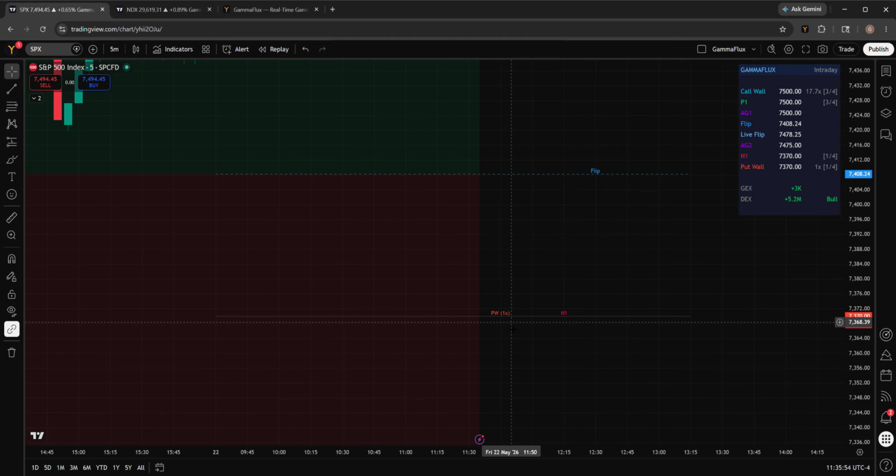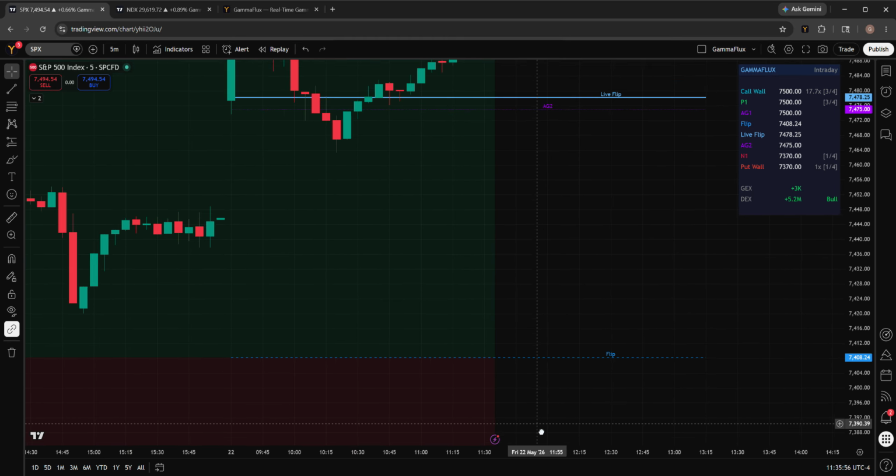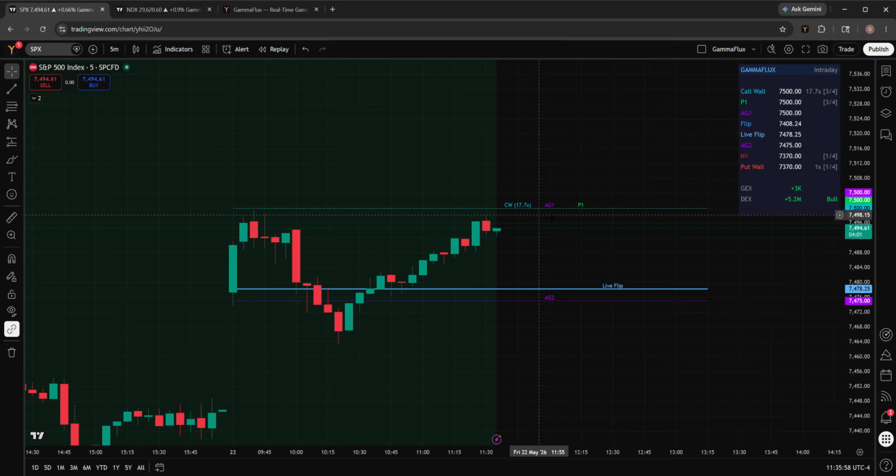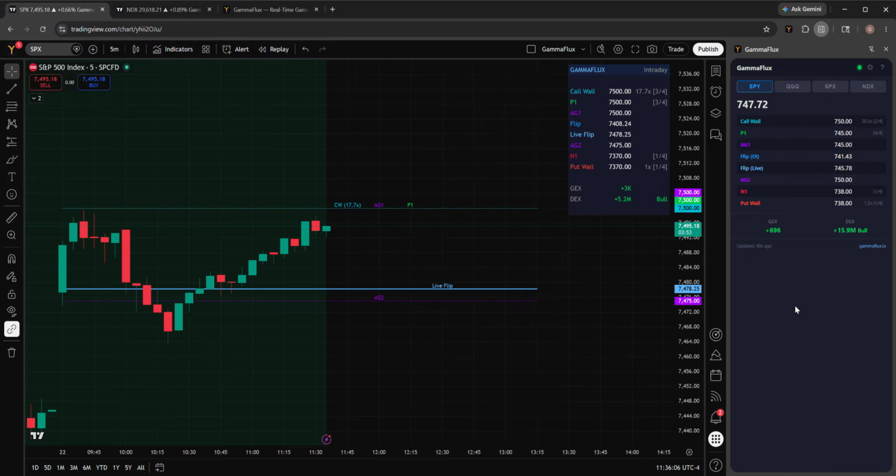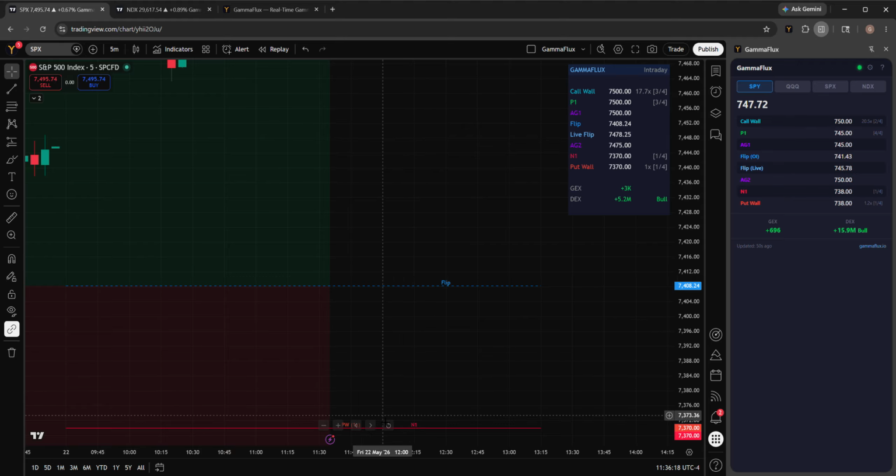Next to the put wall and the call wall, you see these two numbers also denoted up here, as well as in our little sidebar here. That number denotes how strong that call wall and that put wall are today.